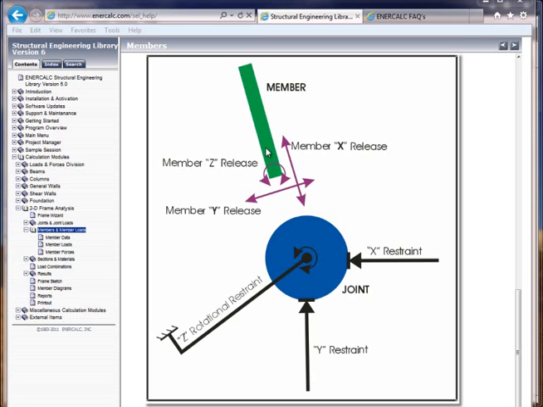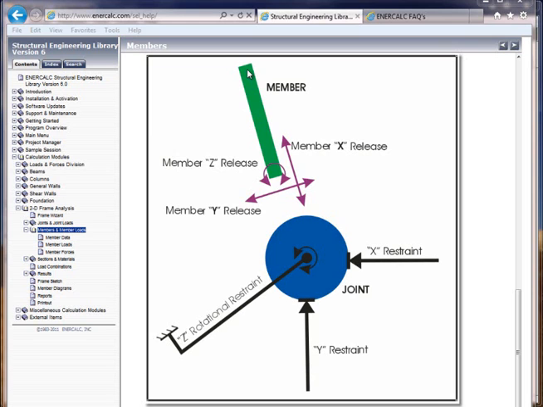So we can think of there being an x-axis that runs along the longitudinal direction of the member, and in particular it can be thought of as running from the I end to the J end.